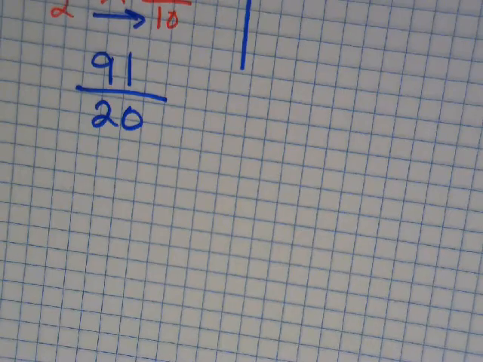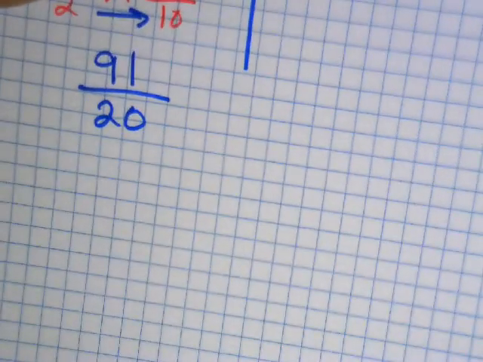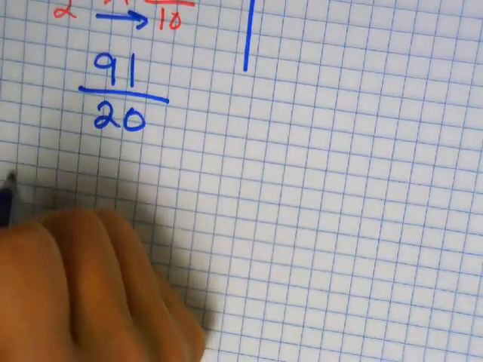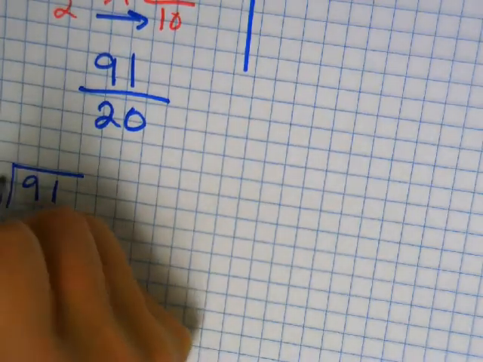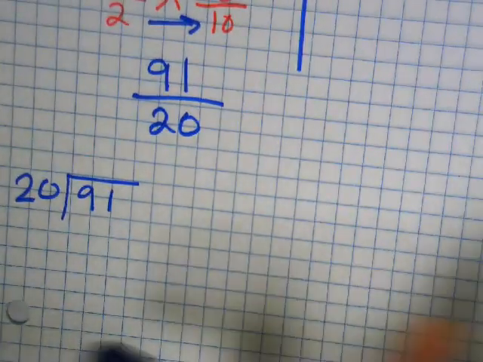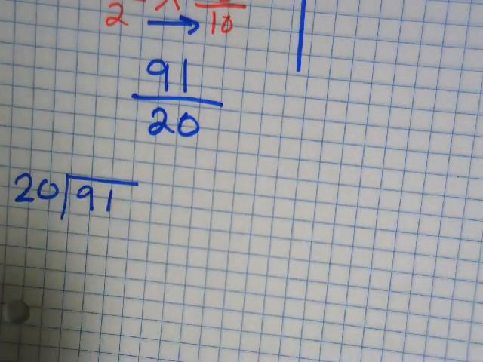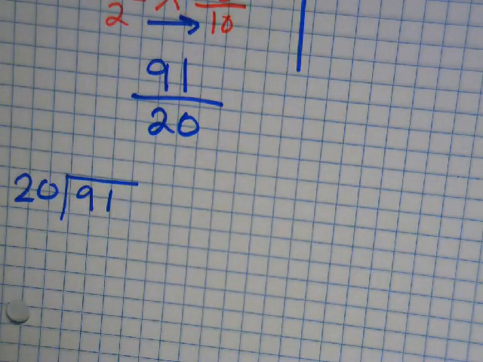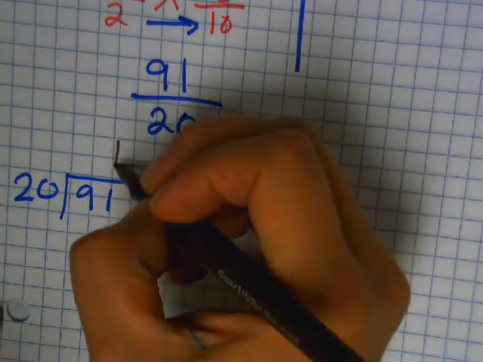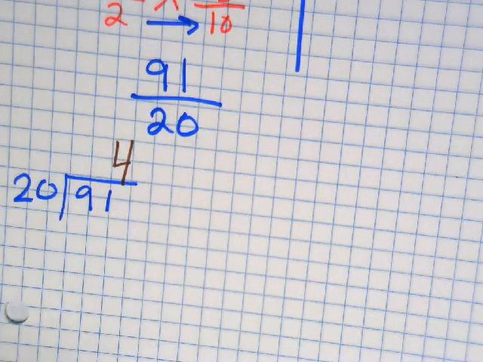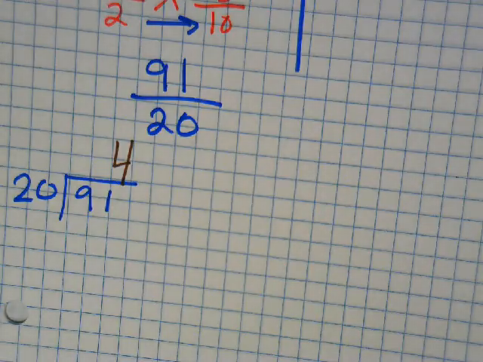No. I got to change it to a mixed number by dividing. How many times does 20 go into 91? What's 4 times 20? 80.